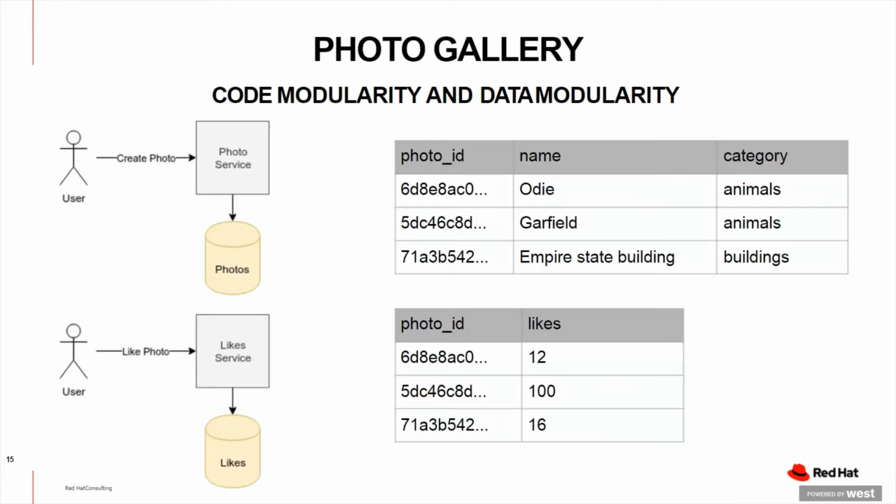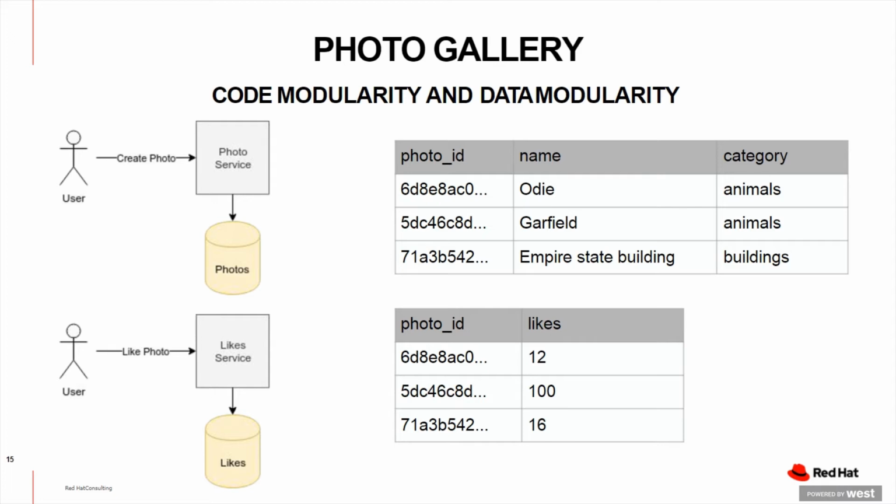Now, on the next slide, I would like to give you a more detailed view into how the persistence layer looks. So the photo service is storing the information about the photo, which is the identifier of the photo, the name of the photo, and the category the photo is organized into.